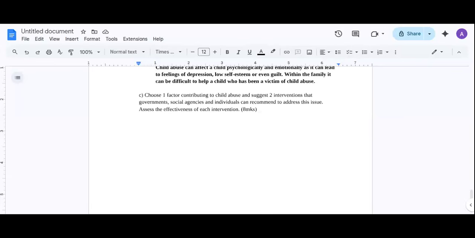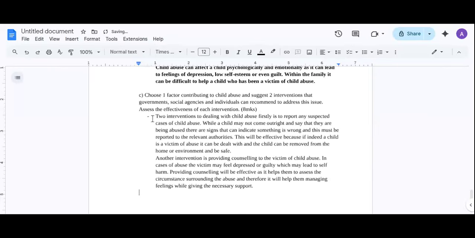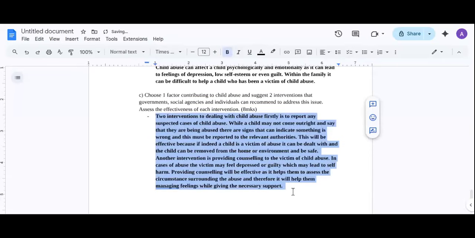All right, Shaniqua. Yes, Miss. One of the things could be that the government could increase the price for alcohol, and this is likely to be effective as fewer persons would purchase it as the price would have risen.